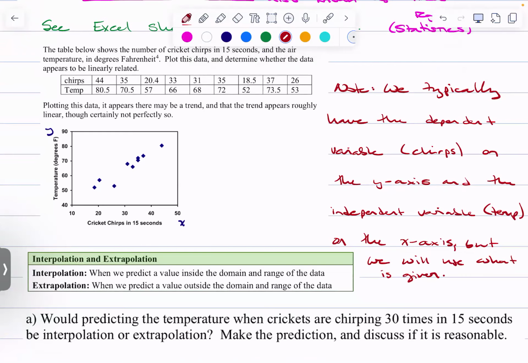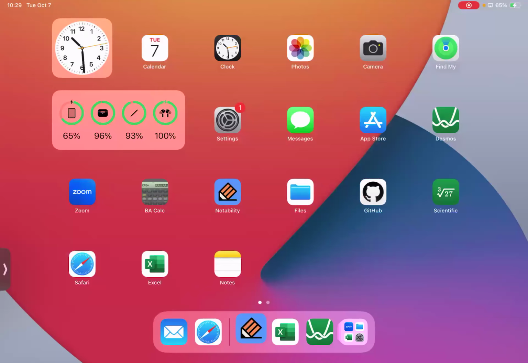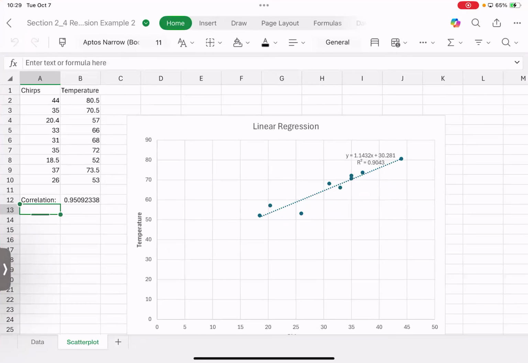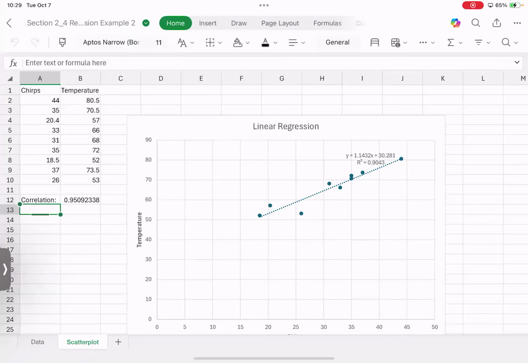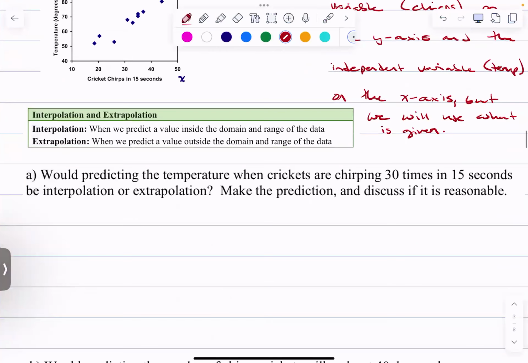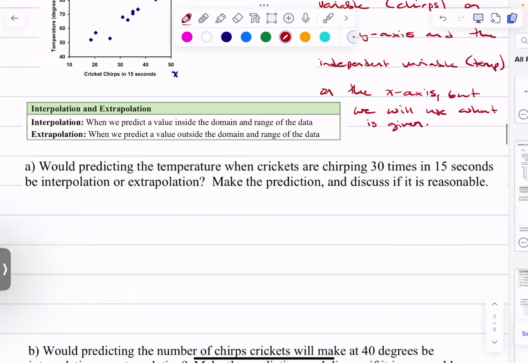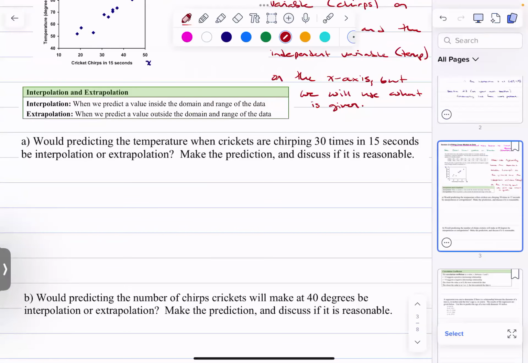And so you can make a scatter plot in Excel and it'll look similar to what's in the examples as well. And, oh, I don't have a pointer in here. I'll do this. Screenshot, then I'll have a pointer. Bring it in. Uh-oh.